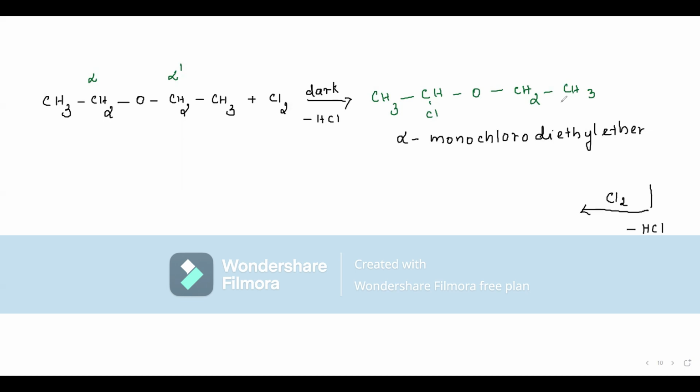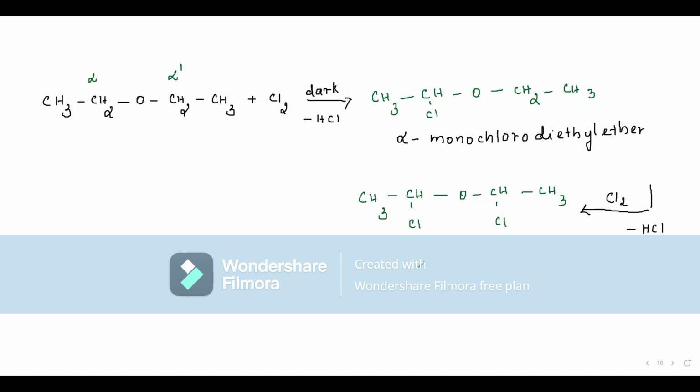Now, when this product is treated again with chlorine, under the same condition, darkness itself, from the alpha dash position we are removing one more hydrogen to get the product CH3CHClOCHClCH3.